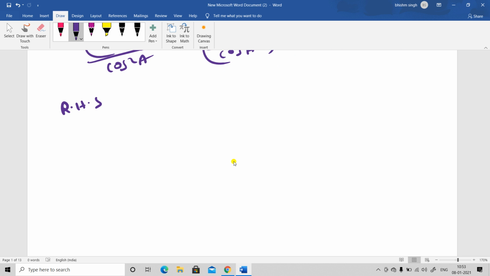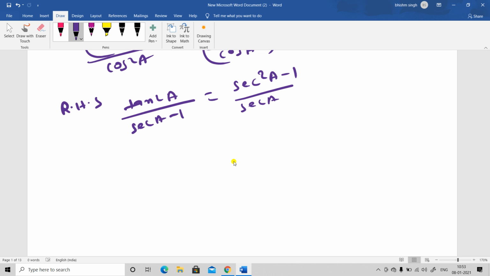See here, tan square a is here, na? Tan square a divided by sec a minus 1. So what happened here: this is sec square a minus 1 divided by sec a minus 1 whole square. This is a whole square actually. Okay, this is a whole square.